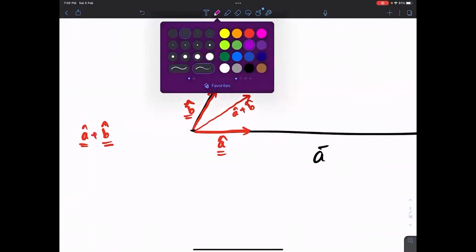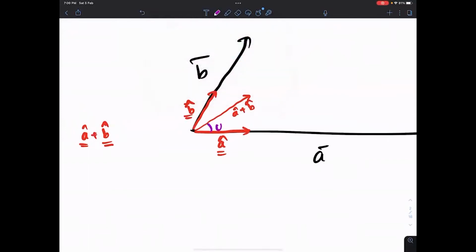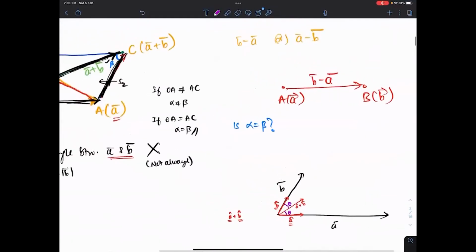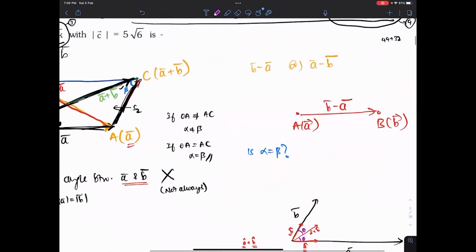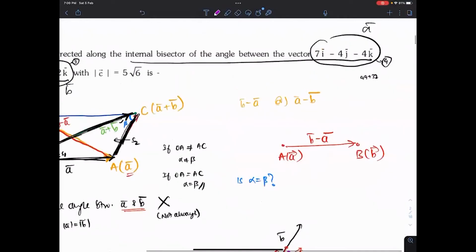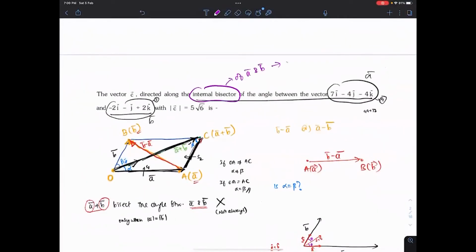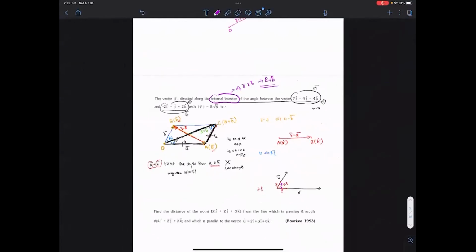And it is bisecting the angle between A cap and B cap means it is bisecting the angle between A bar and B bar. Like that. Okay. So what is the funda? What is the internal angular bisector of A bar and B bar? It is A cap plus B cap. Remember that, guys. Okay. That's all. Do A cap plus B cap, you will get that vector.